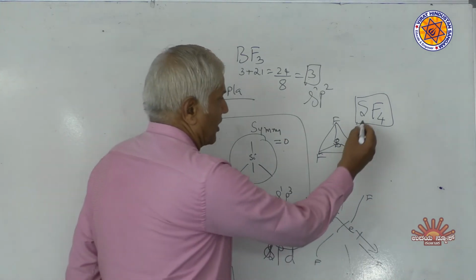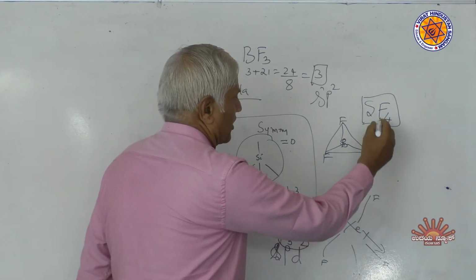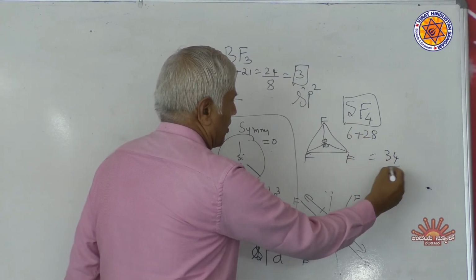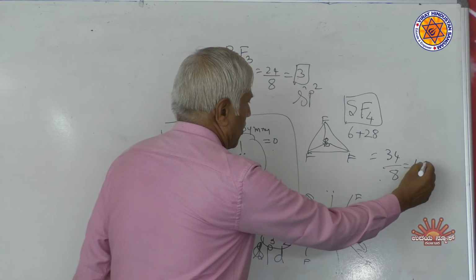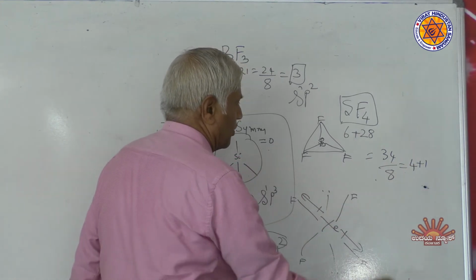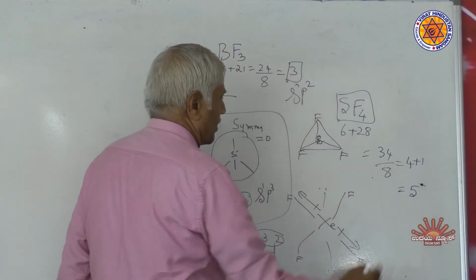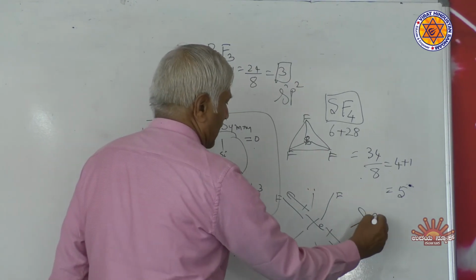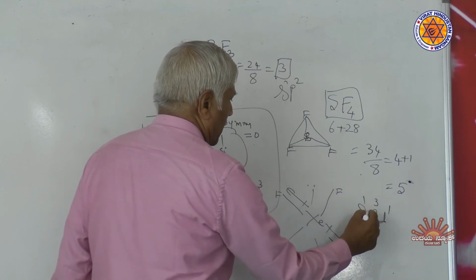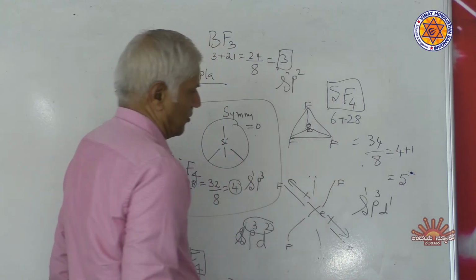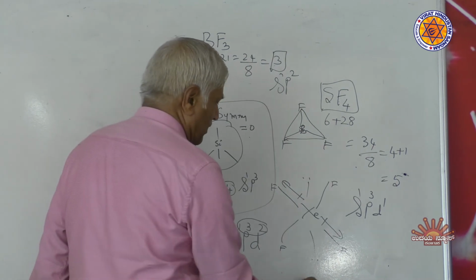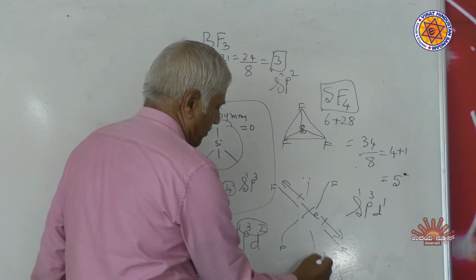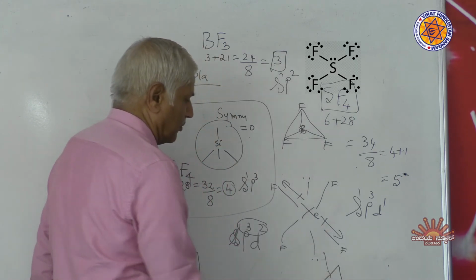SF4 hybridization: sulfur 6 electrons, halogen 7 into 4 is 28, makes it 34, divide by 8, quotient is 4, remainder is 2, divide 2 by 2 and write the quotient, totally 5. 5 means sp3d, 1 plus 1 plus 3 is 5. sp3d means trigonal bipyramid.